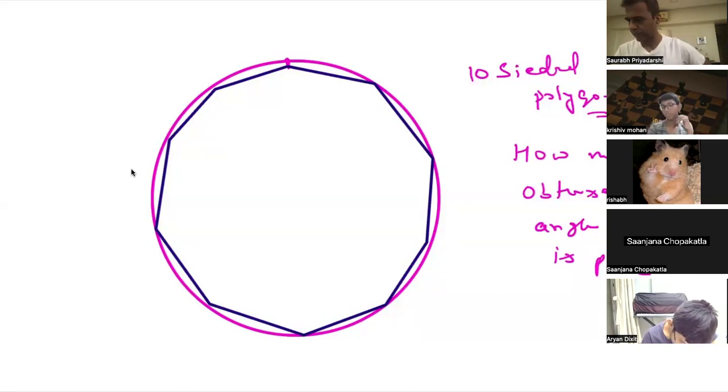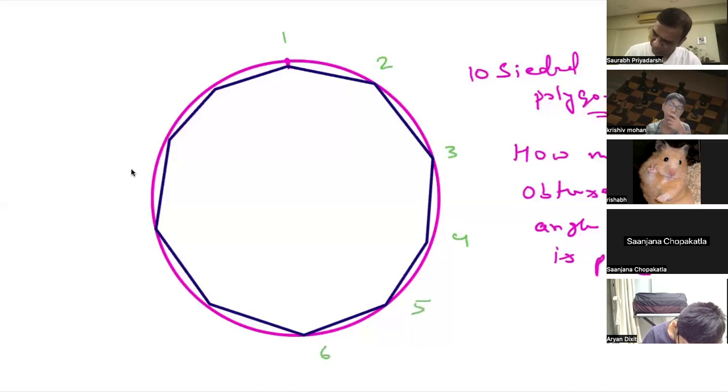Right. Sir, since in chat... yes, with the vertex of this polygon, beta. Sir, should it necessarily be at the vertex or any point on the decagon also?